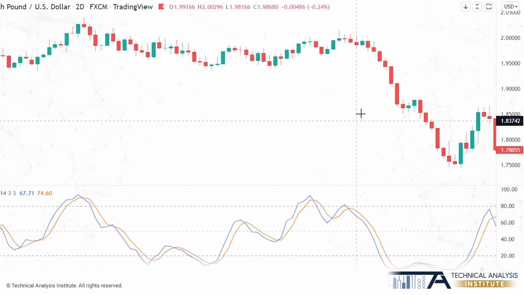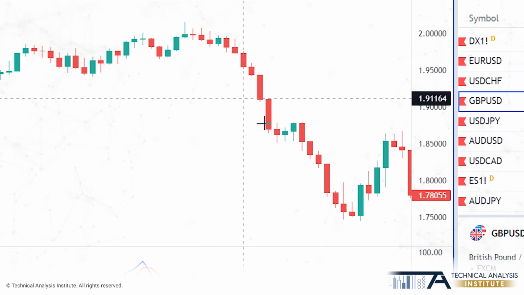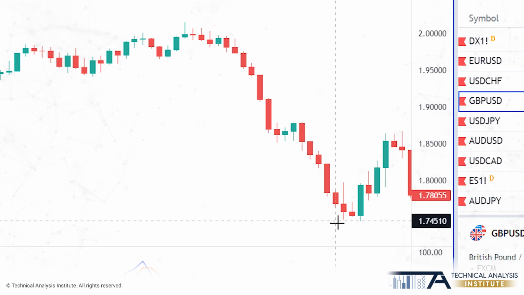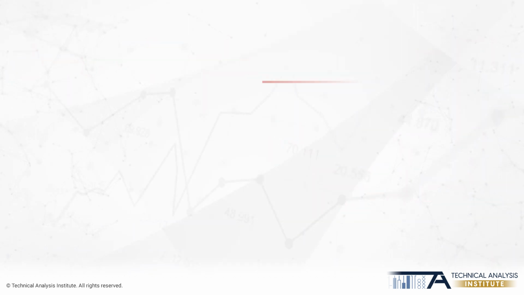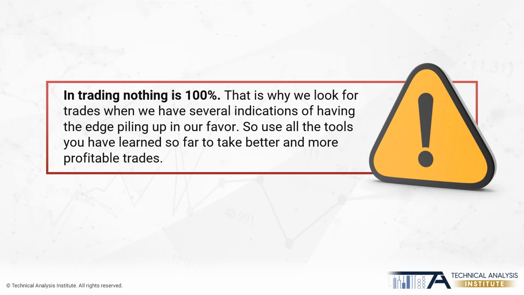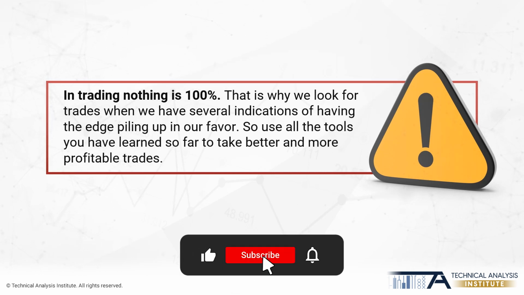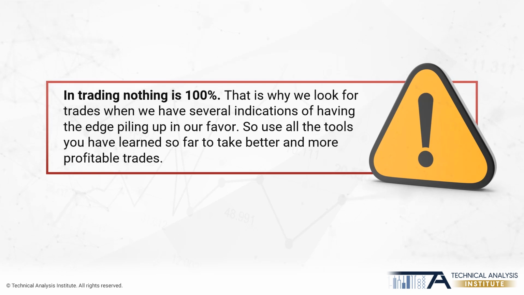You can see the decline went from 201.39 all the way down to 1745. So a huge decline. Okay, so remember, in trading, nothing is 100%. That is why we look for trades when we have several indications of having the edge piling up in our favor. So use all the tools you have learned so far to take better and more profitable trades.